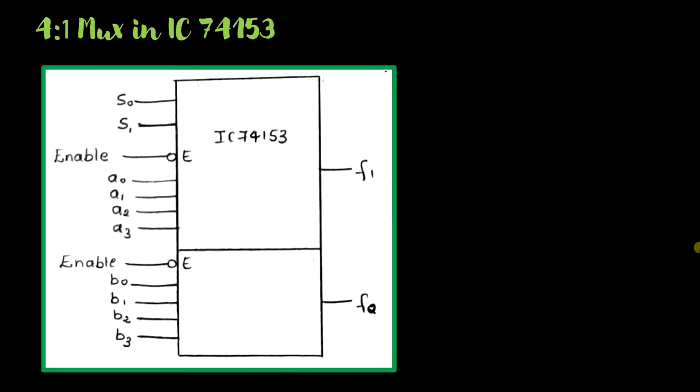So in this particular case, what I am going to explain is a 4:1 mux which is packaged as a dual 4:1 mux. You can see that we have the IC 74153 having 4 inputs here and an enable pin with one output F1.